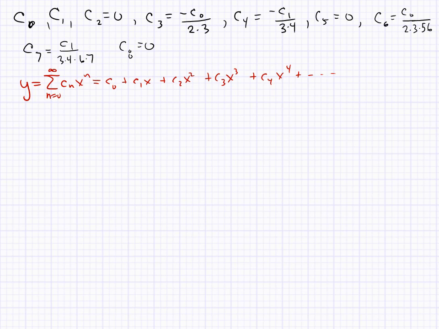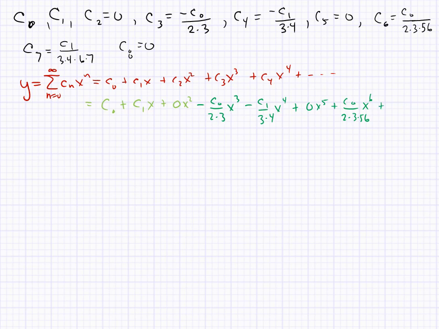So we found that c sub 0 is just c sub 0, and c sub 1 is just c sub 1, but c sub 2 is 0, and c sub 3 is negative c sub 0 over 2 times 3, and c sub 4 is negative c sub 1 over 3 times 4, and c sub 5 is 0, and c sub 6 is positive c sub 0 over 2 times 3 times 5 times 6.